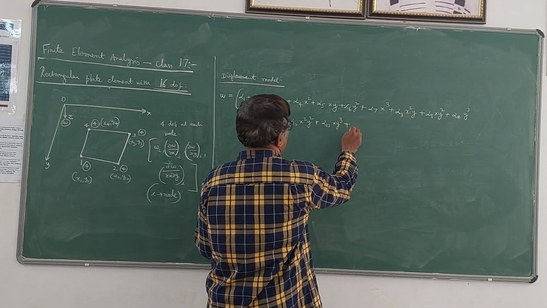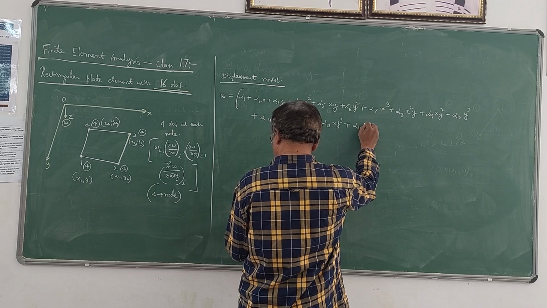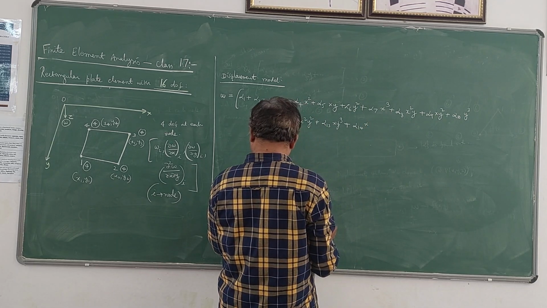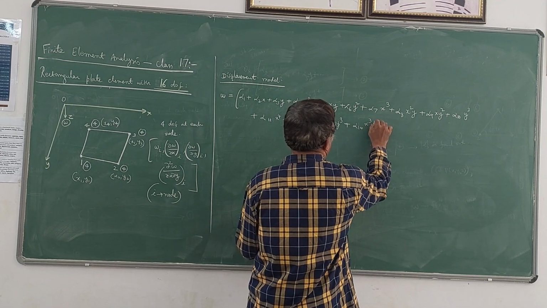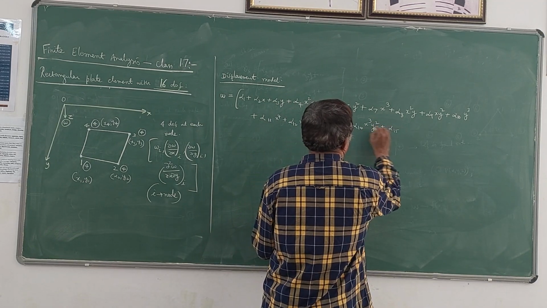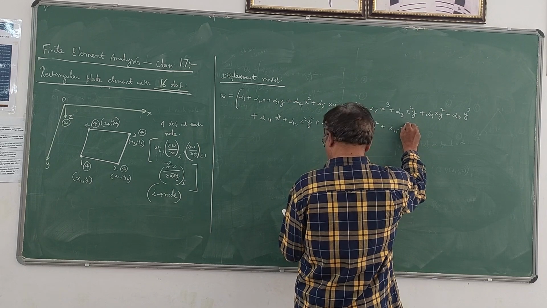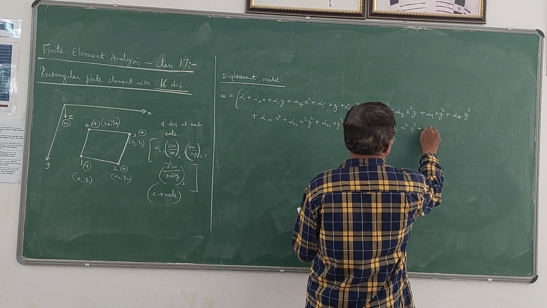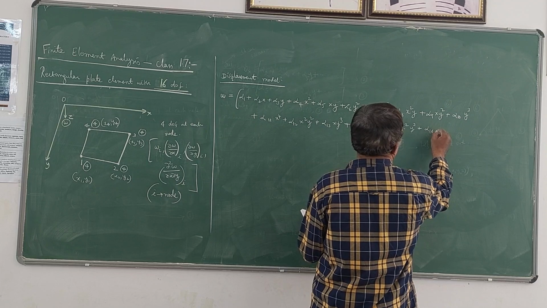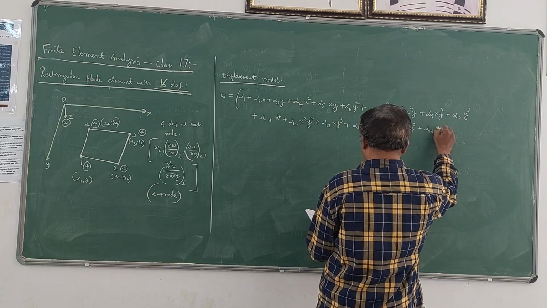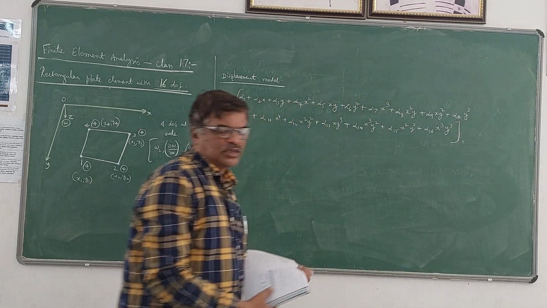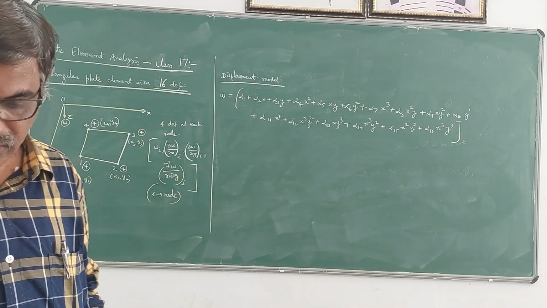These are all fourth order terms. Plus alpha 14 x cube y square, that is fifth order, plus alpha 15 x square y cube, plus lastly, sixth order, alpha 16 x cube y cube. I have written this using the concept of Pascal triangle, so it is very important.